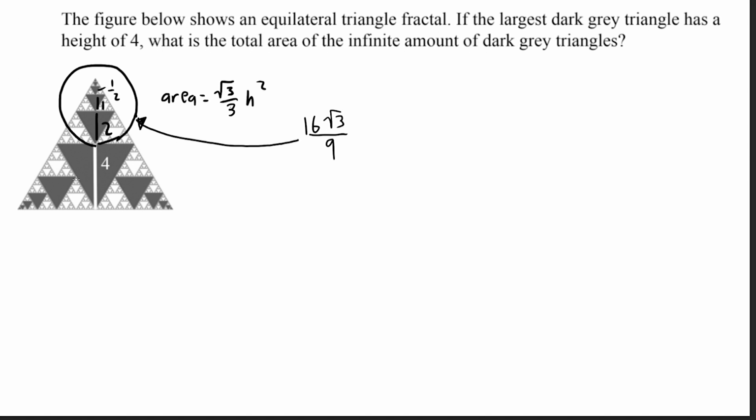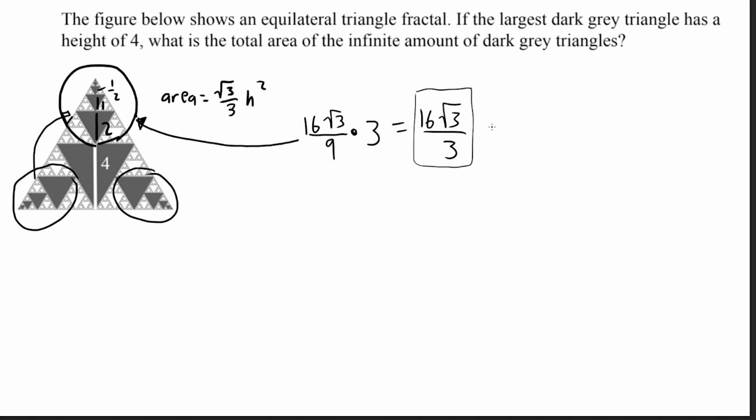Alright, so because these triangles here and here have the same combined area as this set of triangles here, we can multiply 16√3/9 by 3. And that gives us 16√3/3. And so finally, now we just need to add this with the area of the middle triangle.